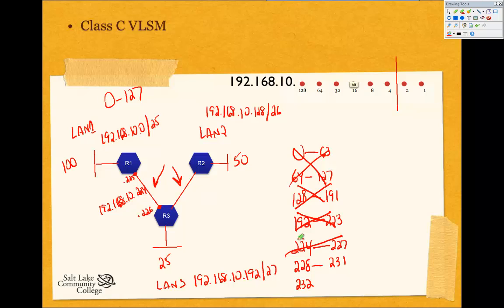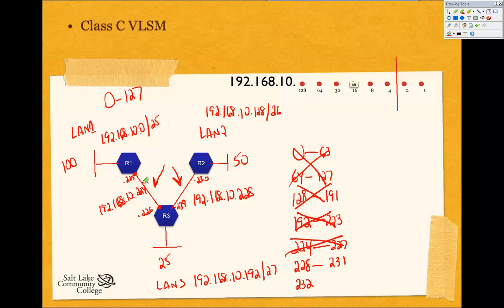The next network, they're gone, right? We can't use them. Next network is the 228 network, and we're going to assign it over here, 192.168.10.228. We'll assign the addresses in between, so it's going to be .229, not .227, and .230.